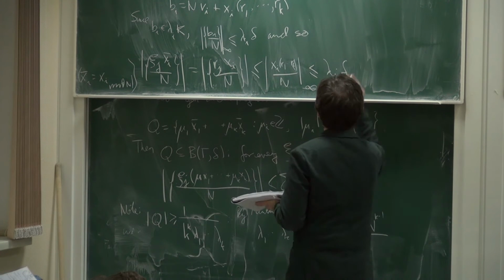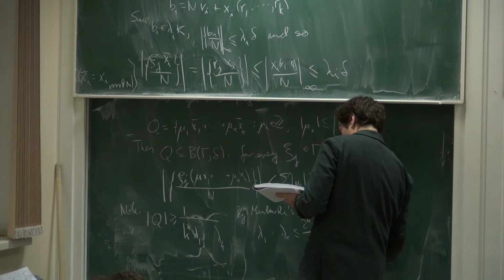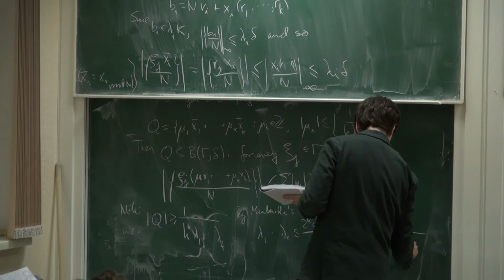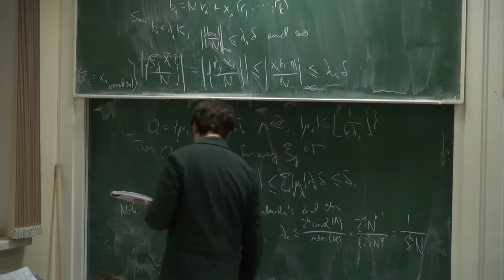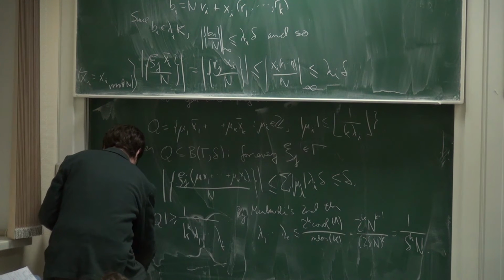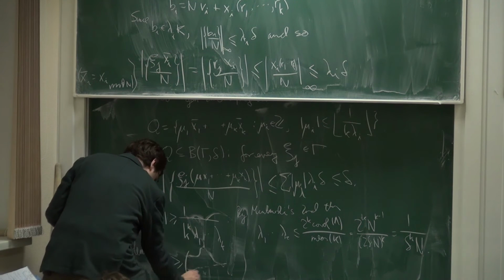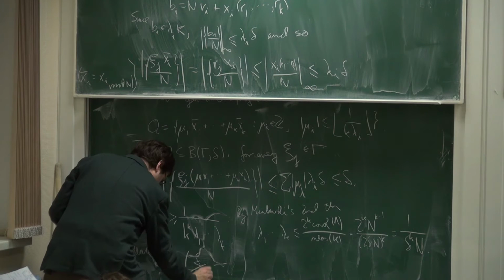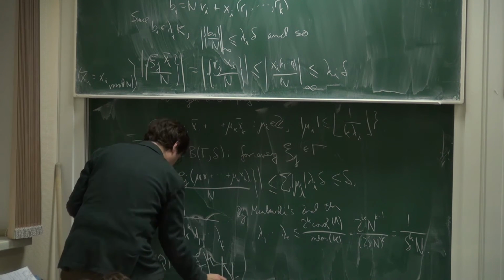The measure of K, well, that's just a cube, so it's (2 delta n)^k. So this is 1 over delta^k times n. Hence, Q is larger than (delta over k)^k n.